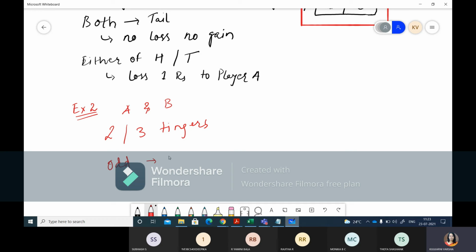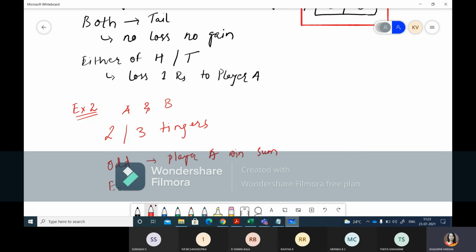So 5 is an odd number. If the sum is an odd number, then player A will win that much, that sum.